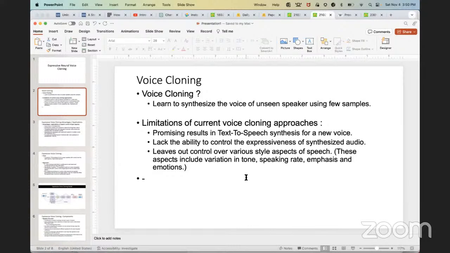The current approaches give very promising results on general synthesis, but they lack expressiveness, and specific aspects of it, such as variation in tone and speaking rate, emotions, etc.